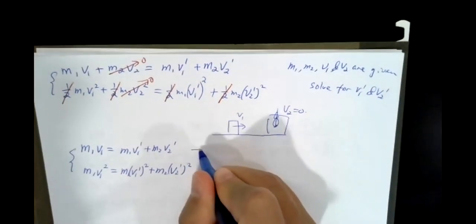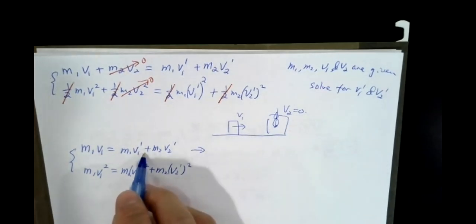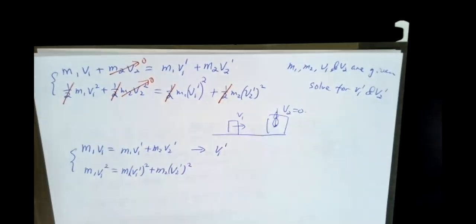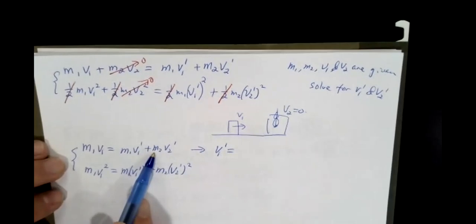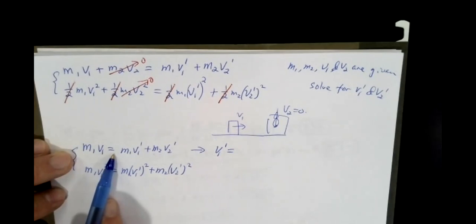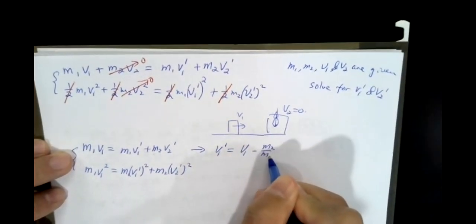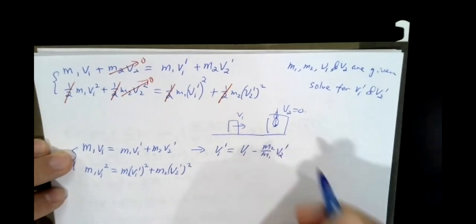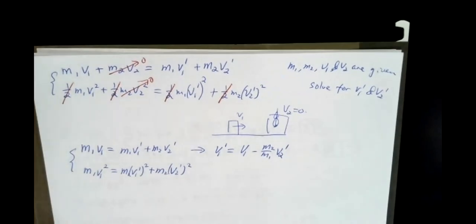Now you have these two equations, and from there you can solve for v1 prime and v2 prime. To do this, you write one unknown in terms of the other and substitute into the second equation. From the first equation, you can write v1 prime in terms of v2 prime. Move the term to the other side of the equation and divide both sides by m1. That gives you v1 minus m2 over m1 times v2 prime. I'm skipping a couple of steps here, but you should be able to figure that out.